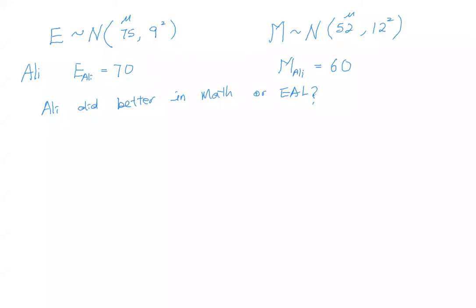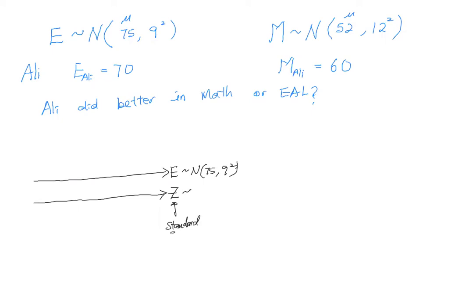Okay, so now I want to let you know all normal distribution can be changed to Z score. We call this a standard score. So that is what you call standardized score.